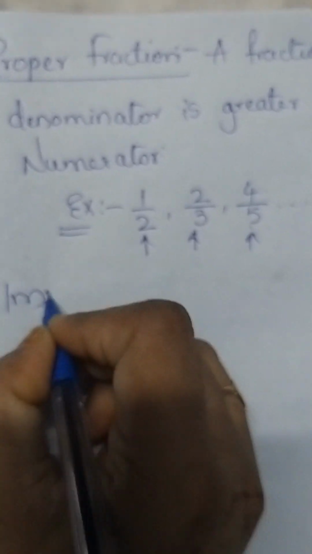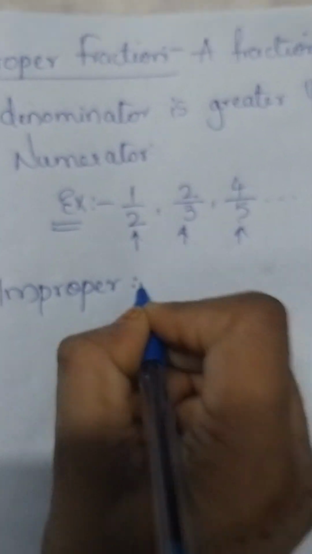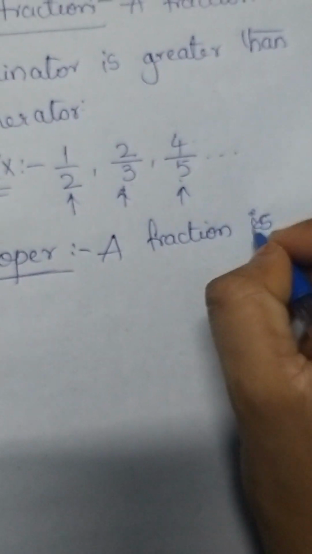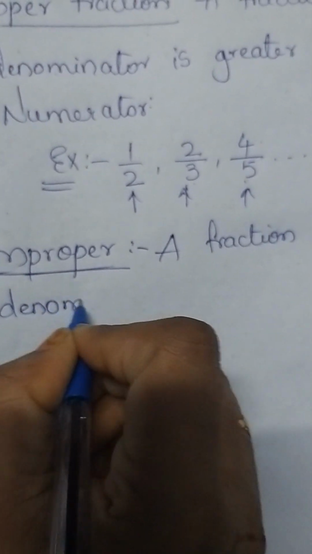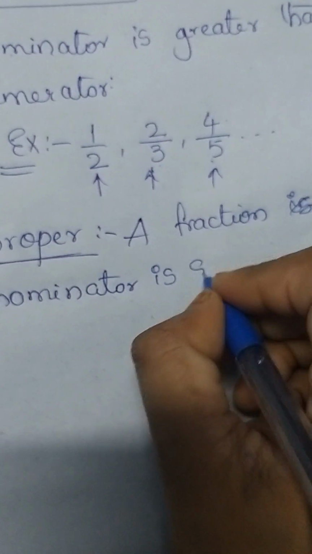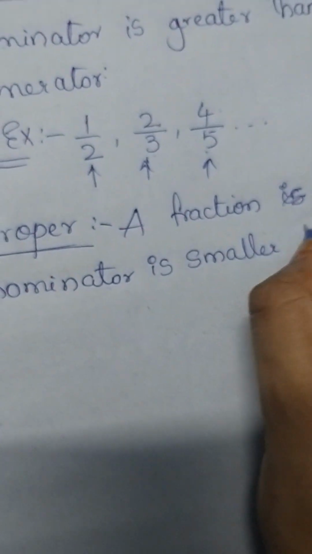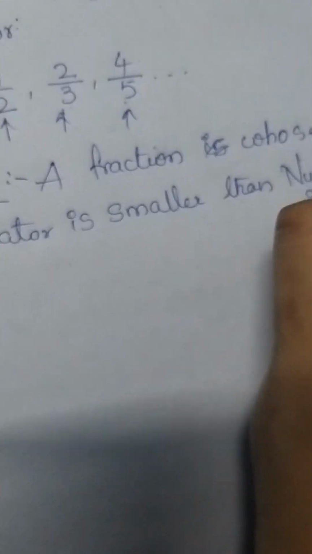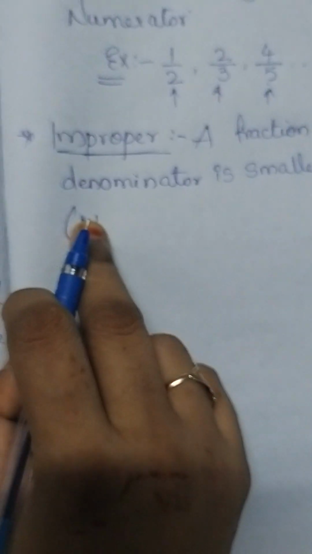What is an improper fraction? An improper fraction is a fraction whose denominator is smaller than the numerator, children. That is, the denominator is smaller and the numerator is greater.